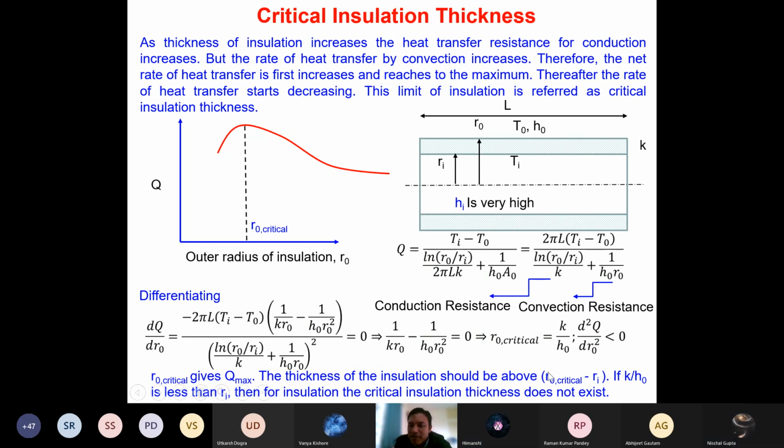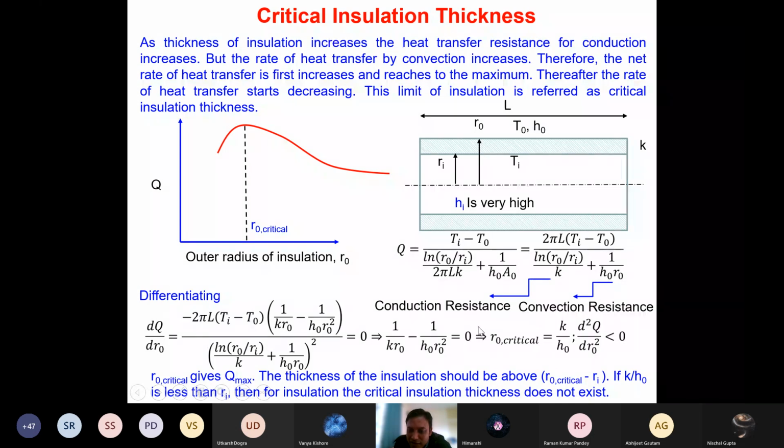It may be possible that the thermal conductivity of your insulation is small, not very high, and your heat transfer coefficient h0 is very high. In that case, k by h0 can come out less than Ri.